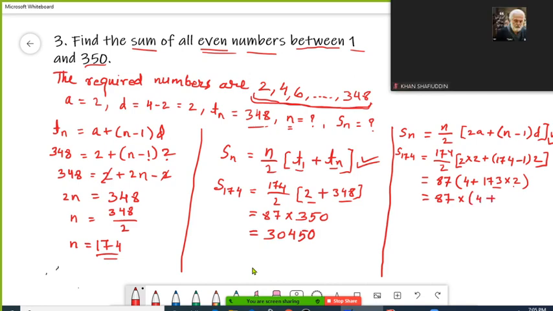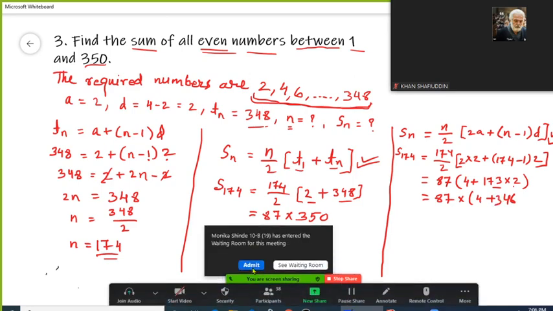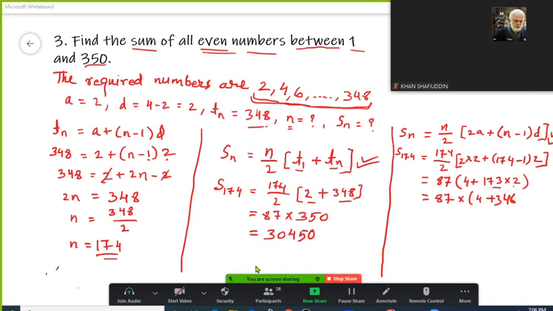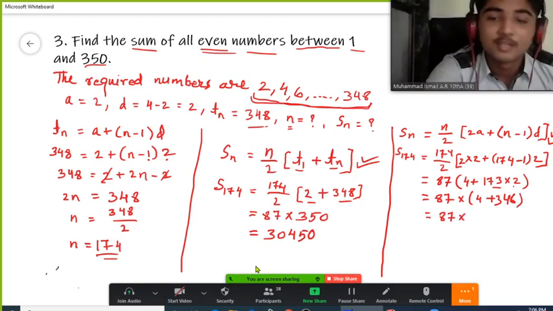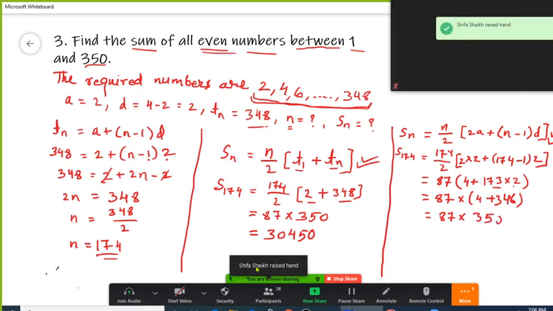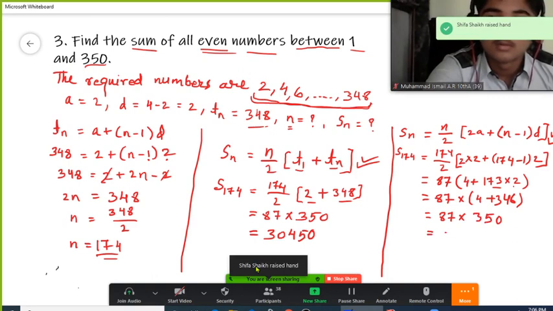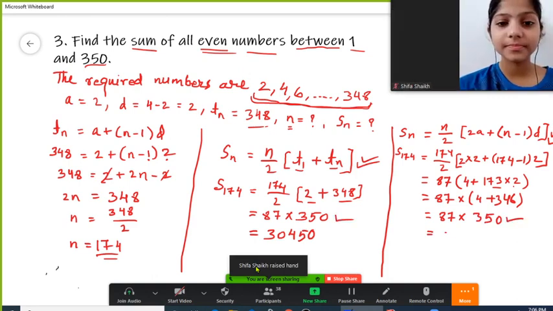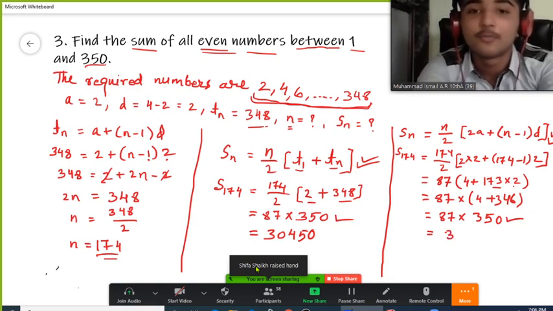So 4 plus 346, so 87 into 350. These two are the same, and it can be taken as 30450.